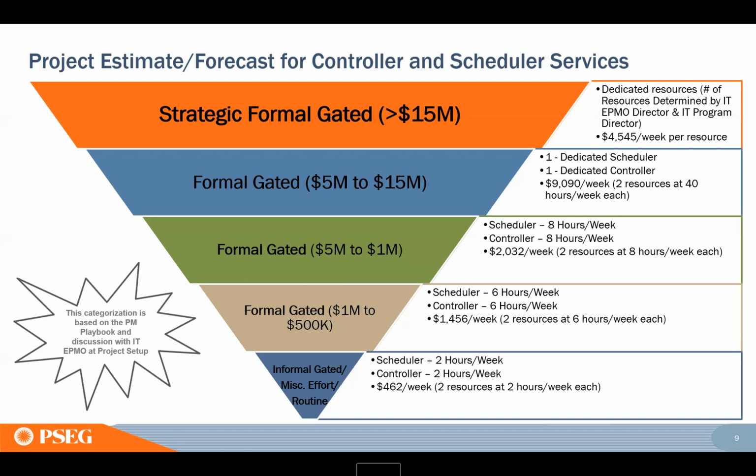So we need that information in P6, which is our scheduling tool, in order to have your representation of your project when we look at the full picture of everything IT is working on and everything our resources are working on. And when we look at metrics around the entire cost of our portfolio, we need your projects represented.